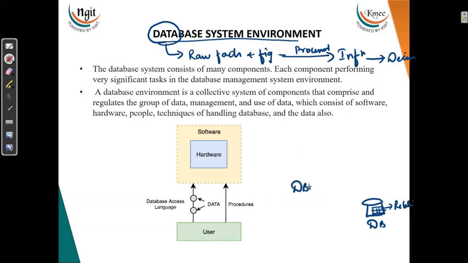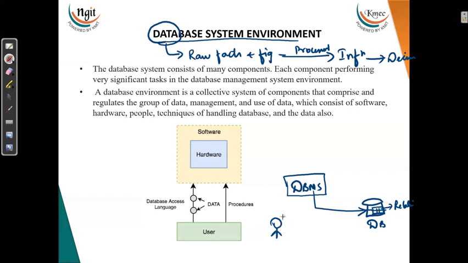A database system is nothing but a DBMS, database management system, that can be used for communicating with the database for the purpose of creation, storage, modification, and retrieval of data. Database system environment is a collection of various other components which makes the ultimate communication and fulfills the required task.